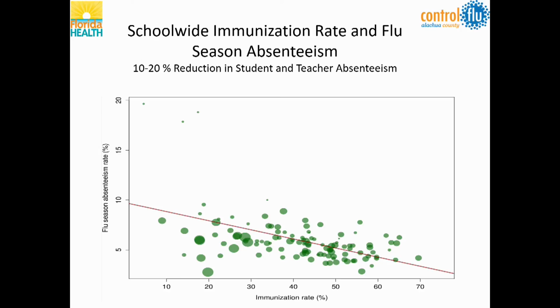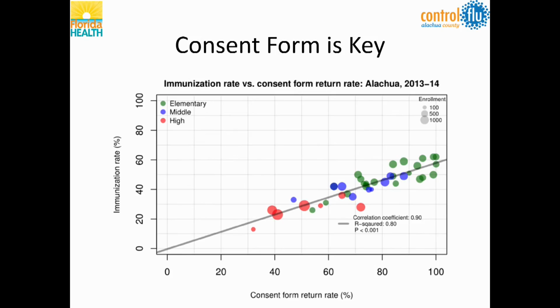So how have we done? Have we done anything to decrease flu rates in the community, and how have we done in the schools? So as you can see from this slide, as immunization rates go up in the schools, school absenteeism goes down. So overall, we see a 10 to 20% decrease in both student and teacher absenteeism in the schools.